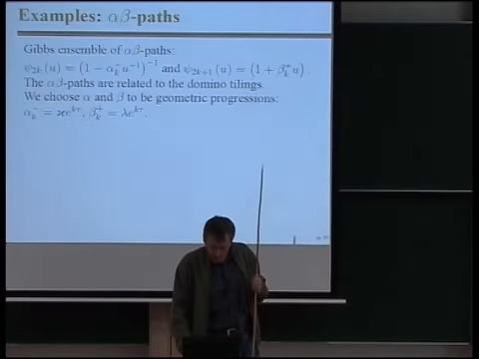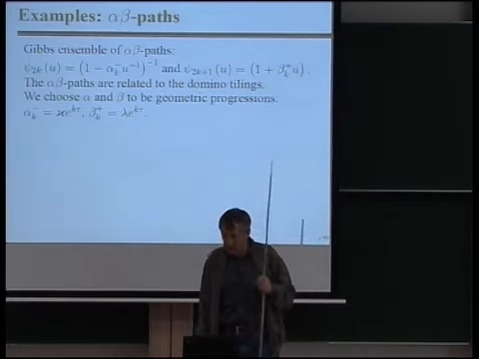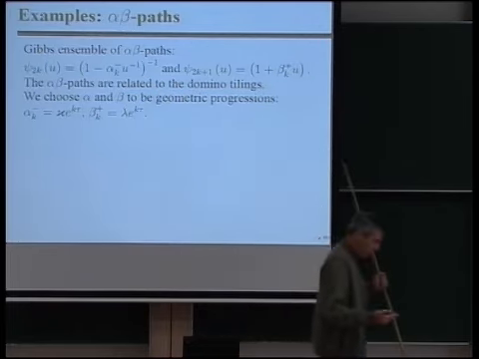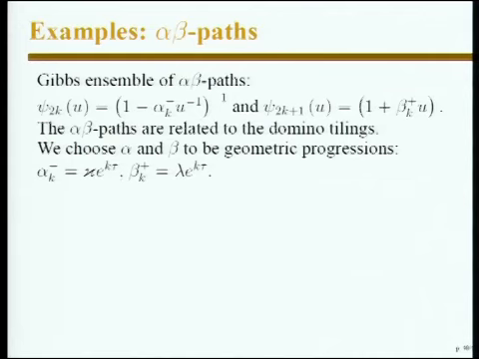And then my second and last example is the case of another choice of my functions which then define my kernel. So I am alternating. At all even columns I take that alpha weight for my kernel, and at every odd column I take this beta weight. So this is why I call those paths alpha beta paths.